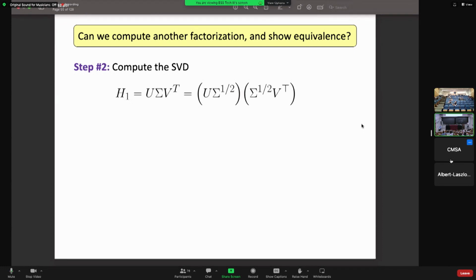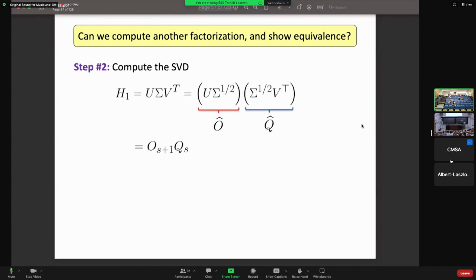And then I group terms in the SVD, so I combine U sigma to the 1/2, and I combine sigma to the 1/2 in V transpose. I'm going to call the first part O hat and the second part Q hat. And I'm going to hope that O hat is related to O, and that Q hat is related to Q, the observability and controllability matrices.